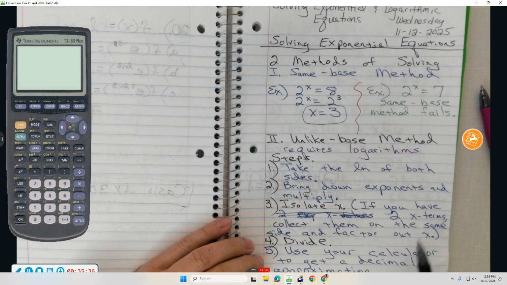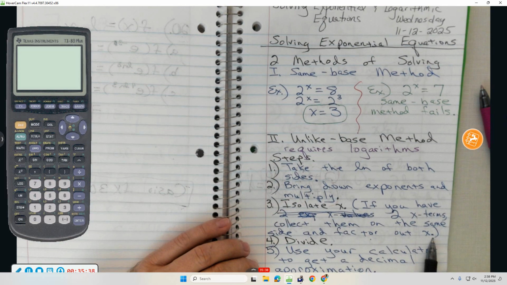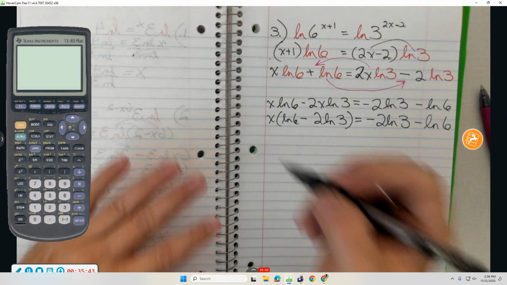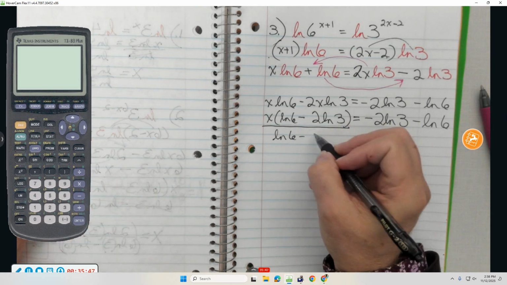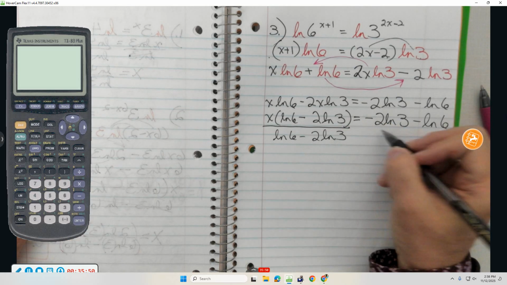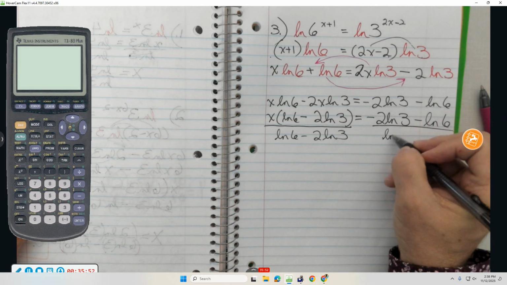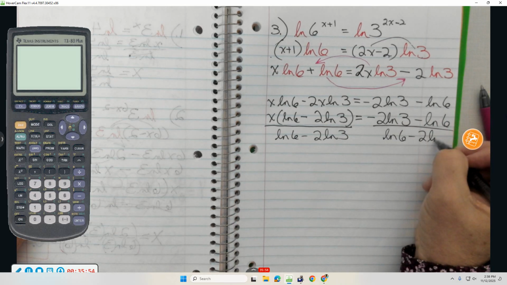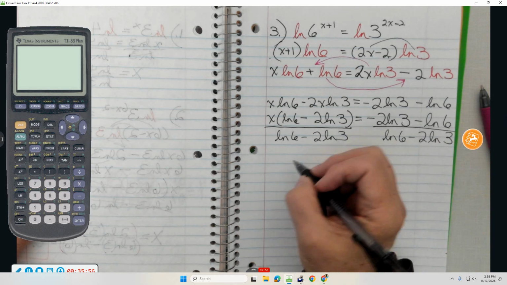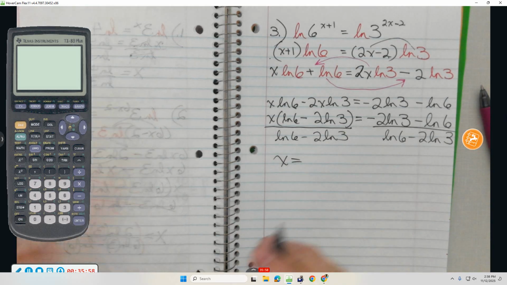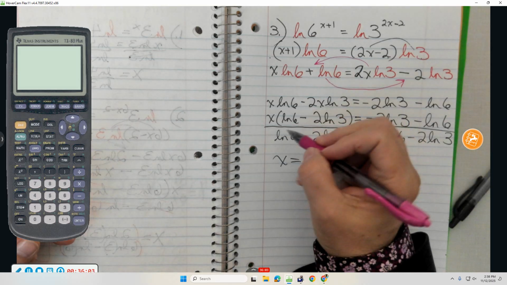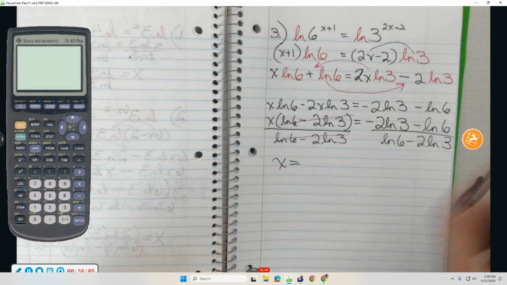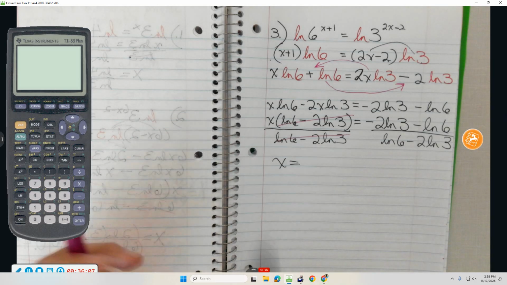So we factor the x out, which means the next step is to divide. We divide by ln 6 minus 2 ln 3 to give us x equals, here's the stuff we're going to have to punch into our calculator.